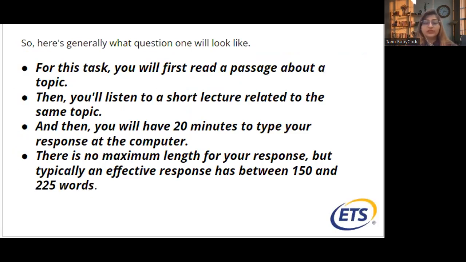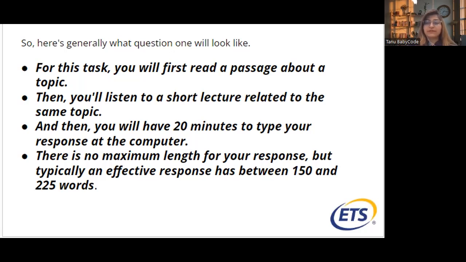Second, you will listen to a short lecture related to the same topic. Then you have 20 minutes to type your answer. That means you will be typing your answer on the computer, right?